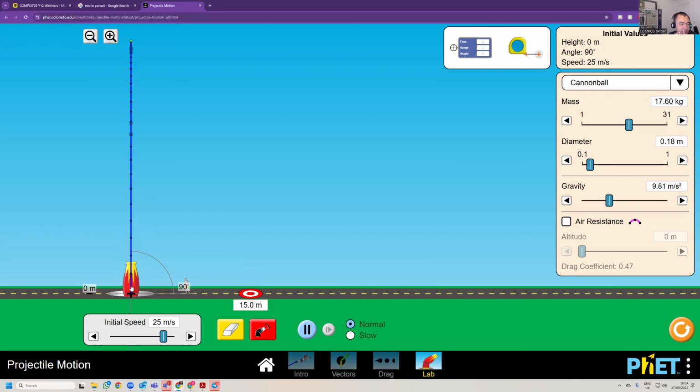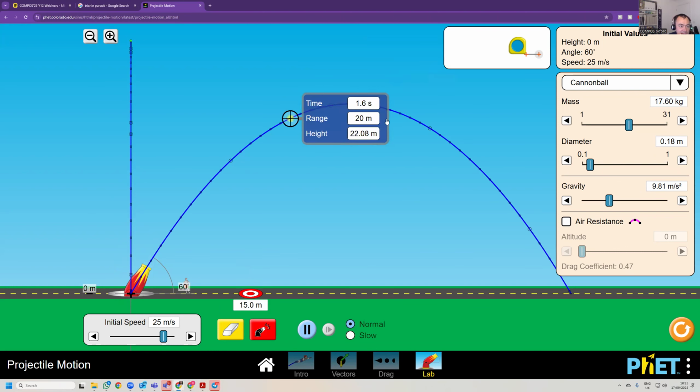So the particle goes up and then falls to the ground. And then the second one is at 60 degrees. Right, 1.7 seconds.